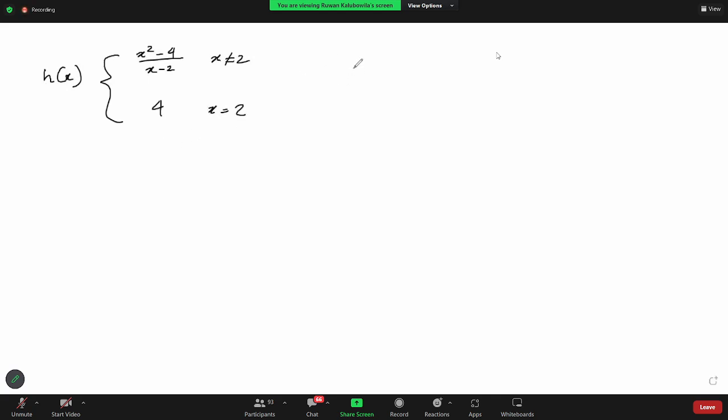Okay, now tell me first, whether the function is defined at x equal to 2, yes or no? Yes. What is the value for h2? 4. Right. Now tell me the limit of hx when x approaches 2. Does this exist?